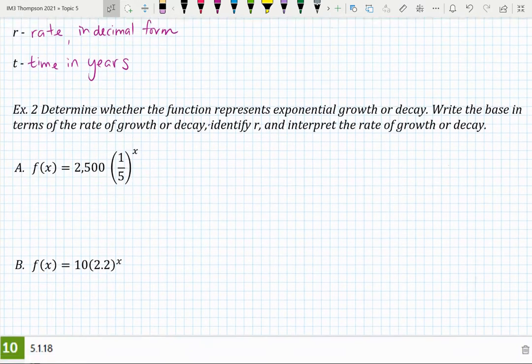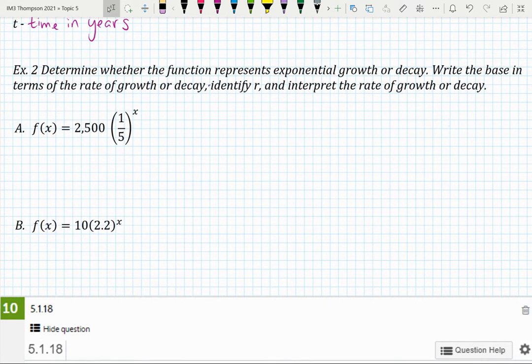So we're just going to pick apart the pieces. You may find a calculator helpful for this.